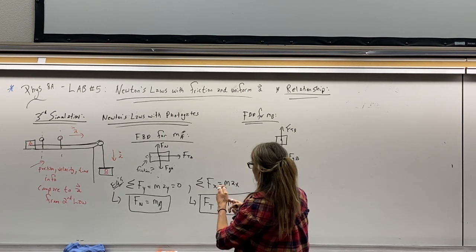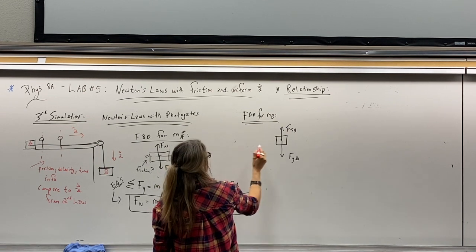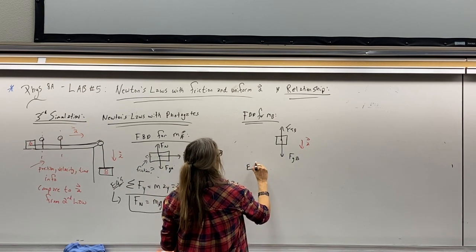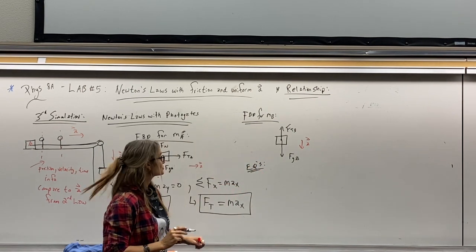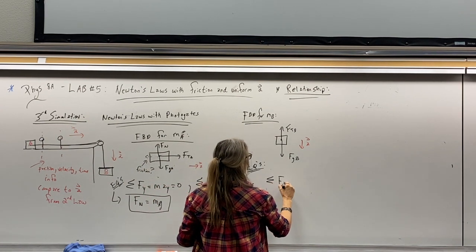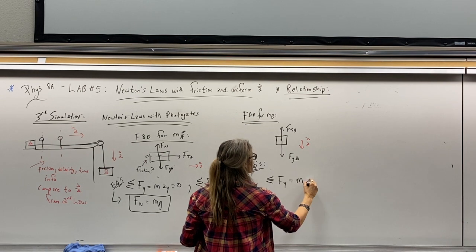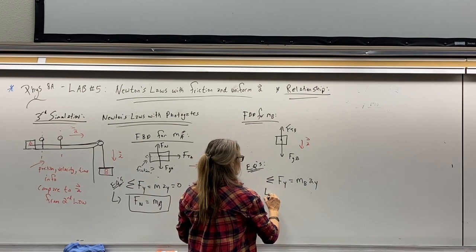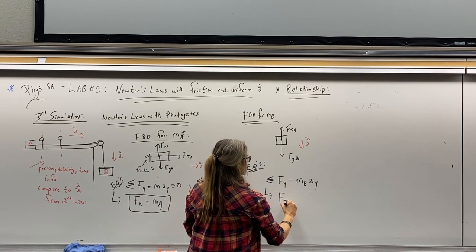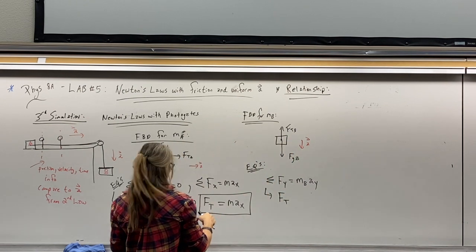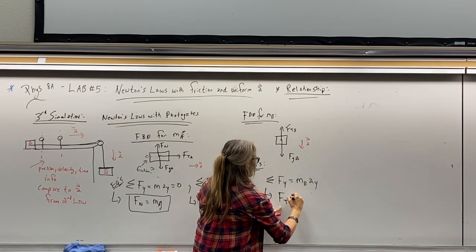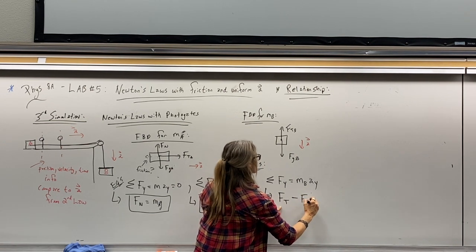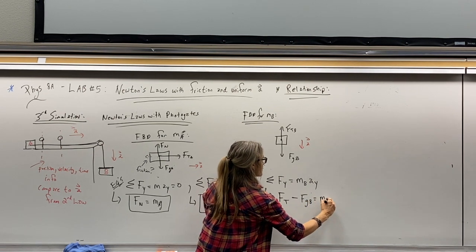So in this case, we have acceleration down, and here I only have one equation. I have no horizontal pieces here, and it's the sum of all my vertical forces equals the mass of B times the acceleration in the vertical direction of B. In this case, we're going to have tension on B, which equals tension on A, so I'm just going to say F_T minus F_g on B will equal m_B a_y.